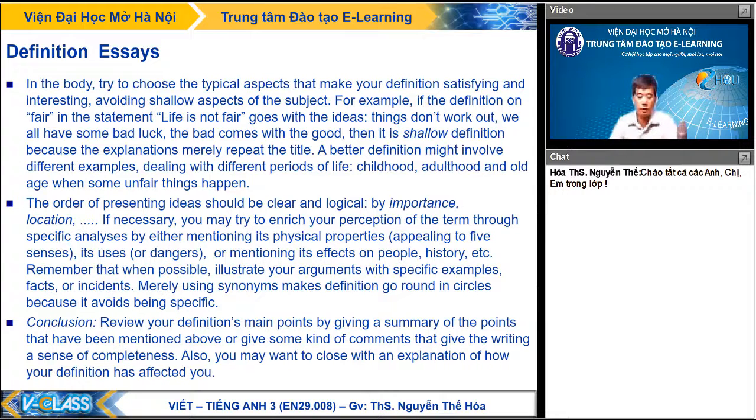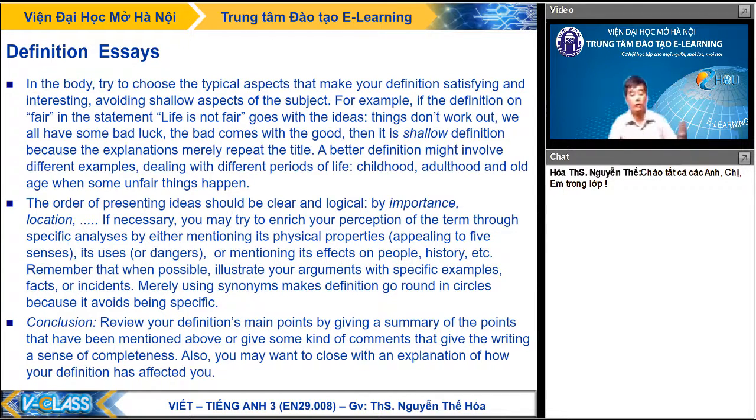If necessary, you may try to enrich the description of the term through specific analysis by either mentioning its physical properties, its uses, or its effects on people and history. Remember that when possible, illustrate your argument with specific examples, facts, and incidents.